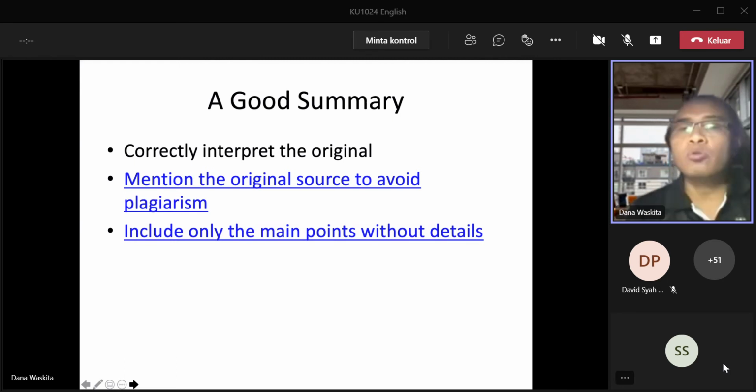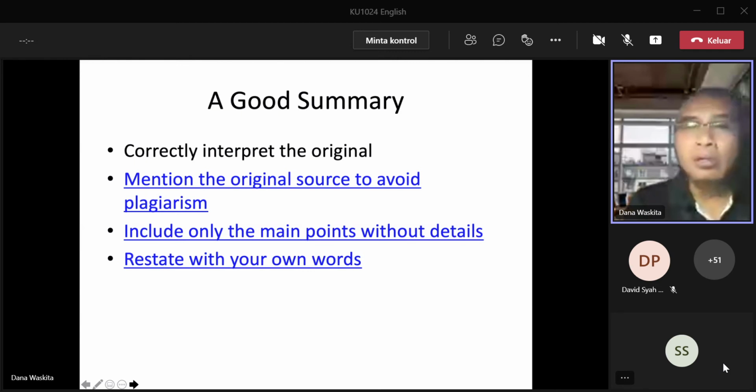So you don't need to include examples in your summary, because what you need is only the general ideas, the main idea or the main point. Yeah. And then the fourth is, as I said, you do not copy paste from the original one. So you have to restate with your own words.